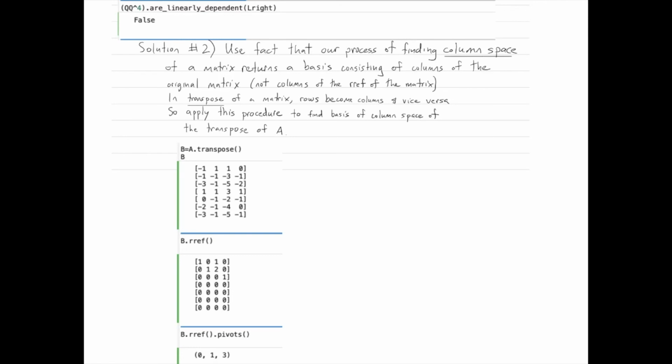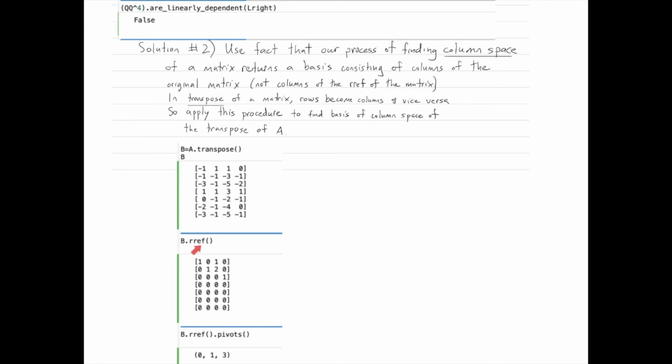Anyway, to recap or summarize, the procedure to find a basis for the row space of A that consists of some rows of A is to take the matrix A, take its transpose. So then the rows turn into columns.